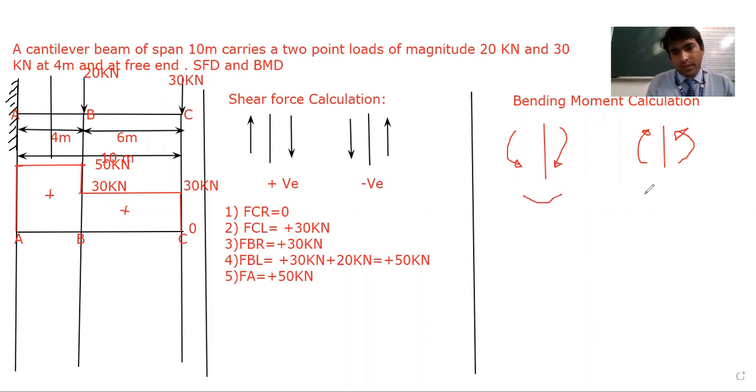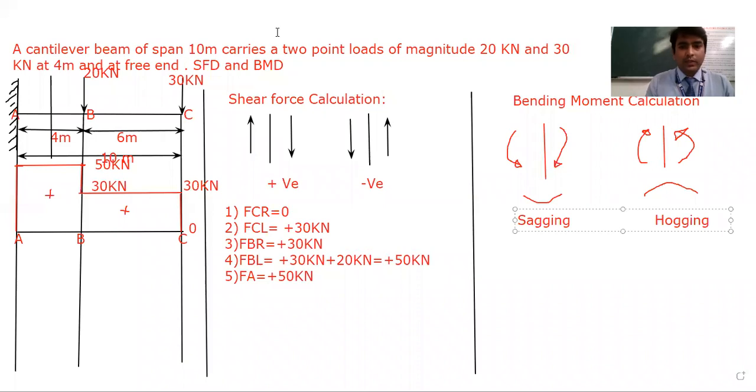This is positive and this is negative. This is called sagging and this one is called hogging. So this is the sign convention for the bending moment diagram.